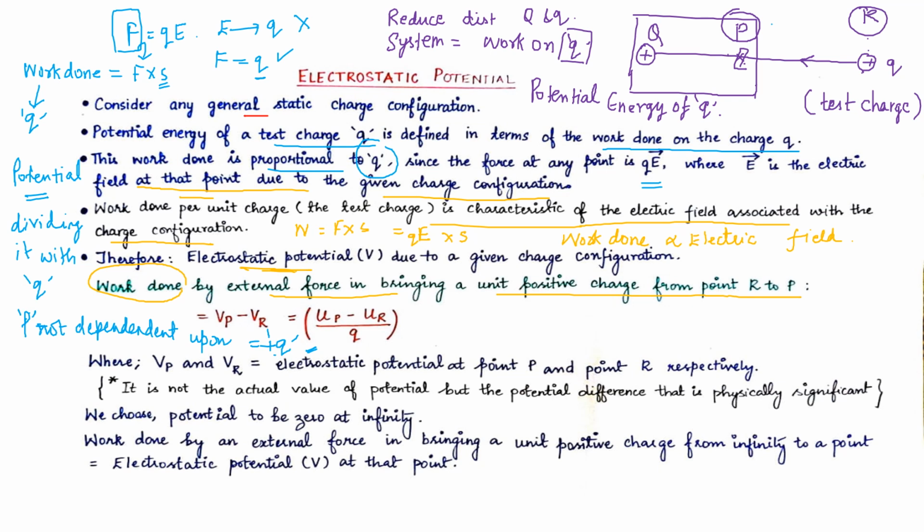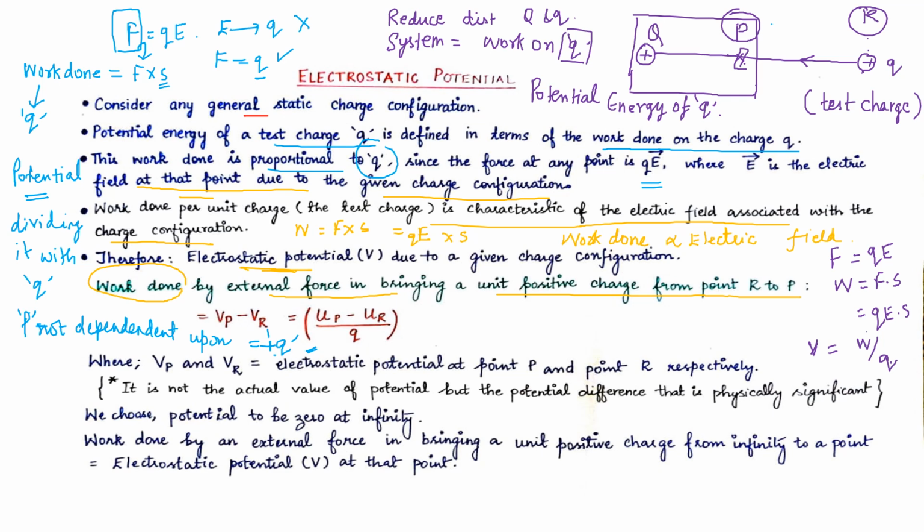See over here, force is defined as QE, work done is defined as Fs, which is QES, and then we tend to define the potential in V as work done divided by the charge.